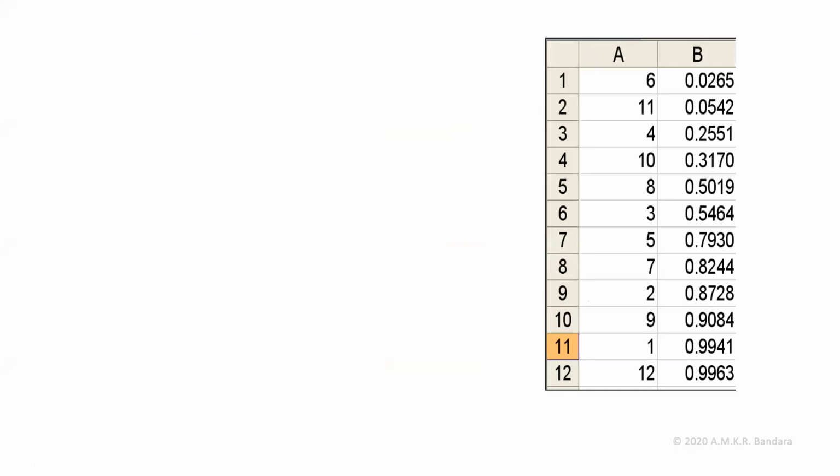Then what you have to do is sort both of these columns based on the magnitude of this random number.